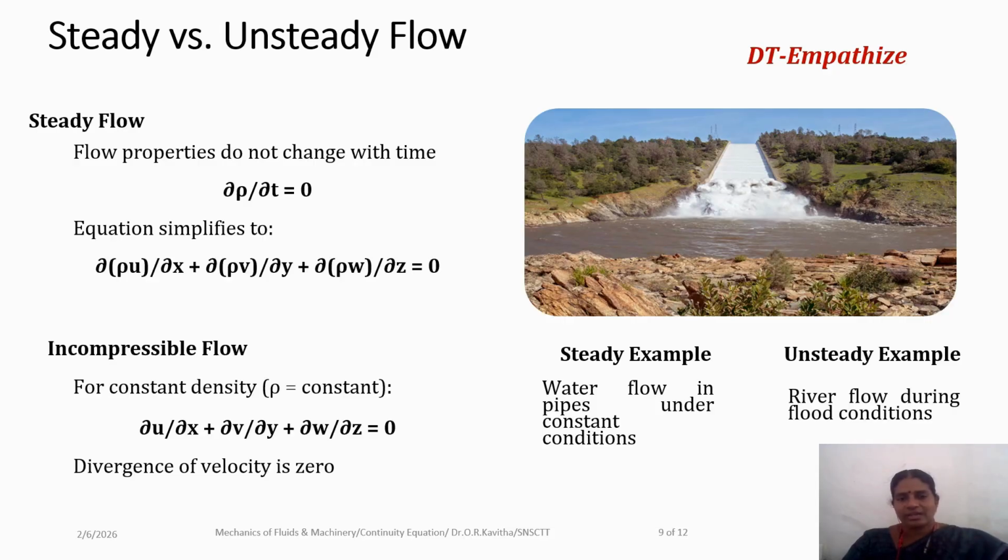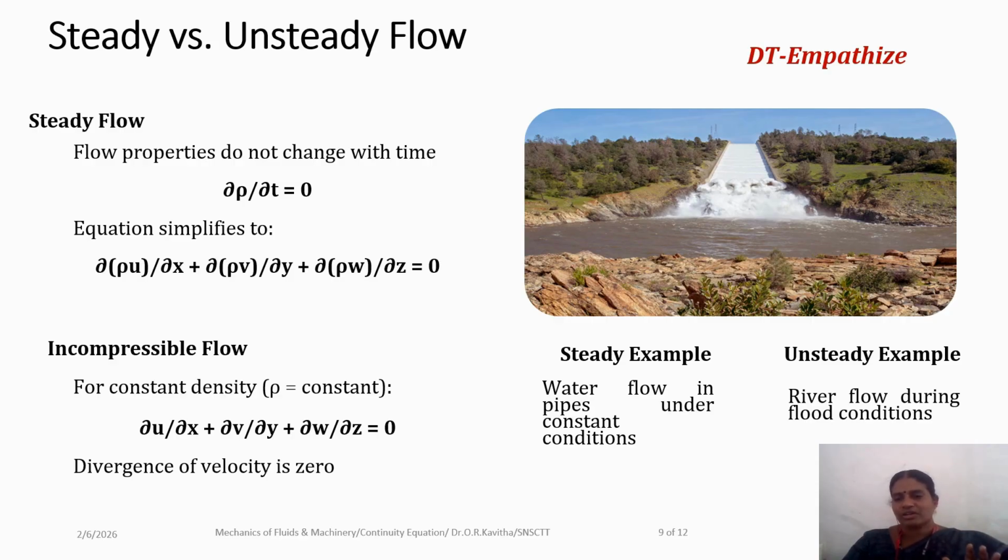If I am going for a steady flow, the density will not change with respect to time, so the equation will become like this. For incompressible flow, the density is constant everywhere. Therefore the equation becomes dou u by dou x plus dou v by dou y plus dou w by dou z equals zero. We call this the continuity equation for 3D flow.